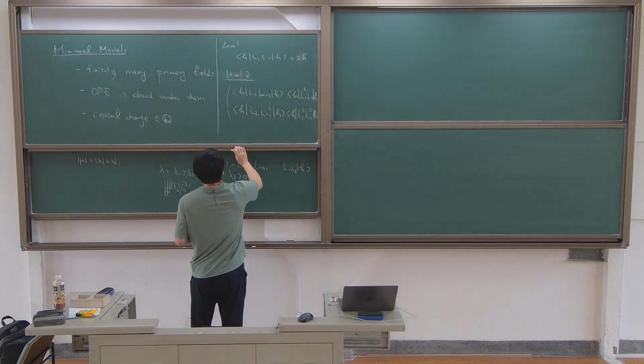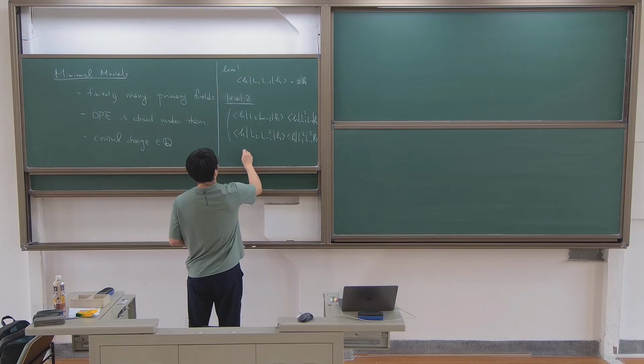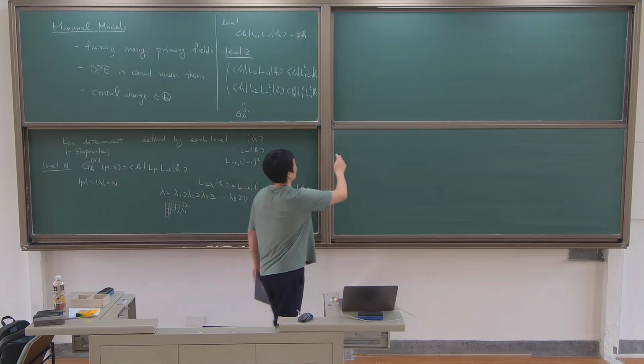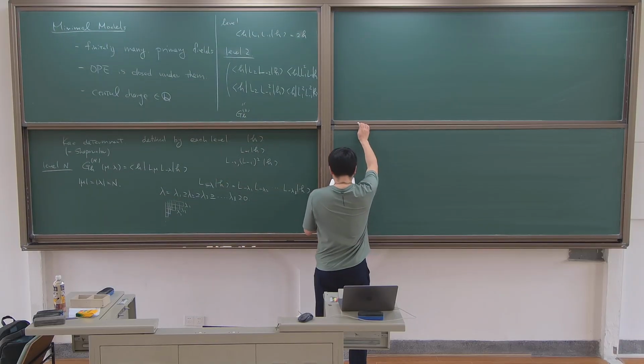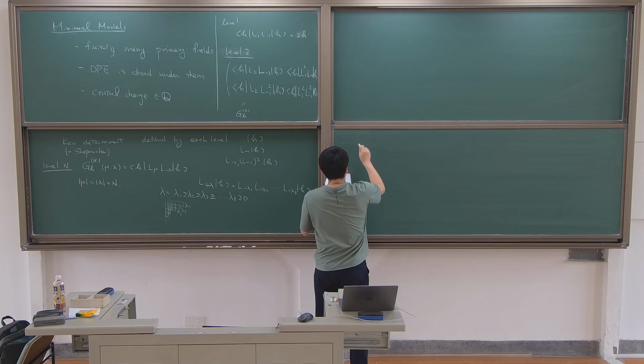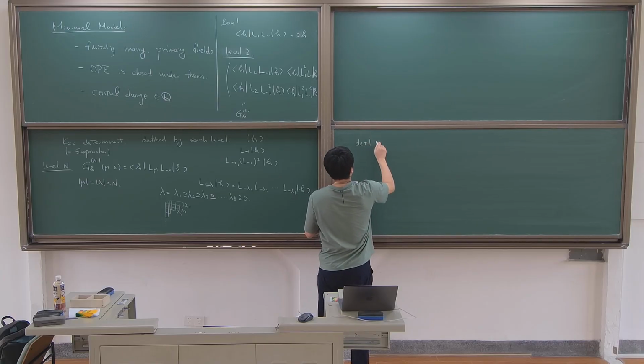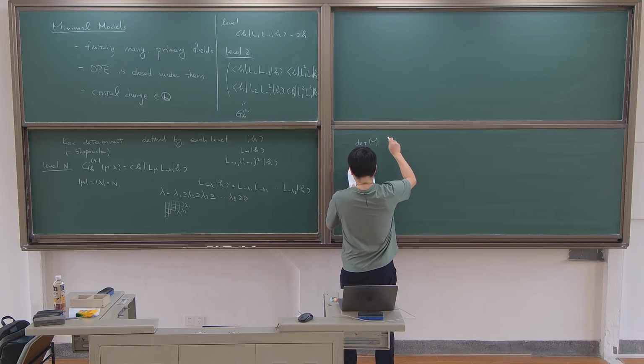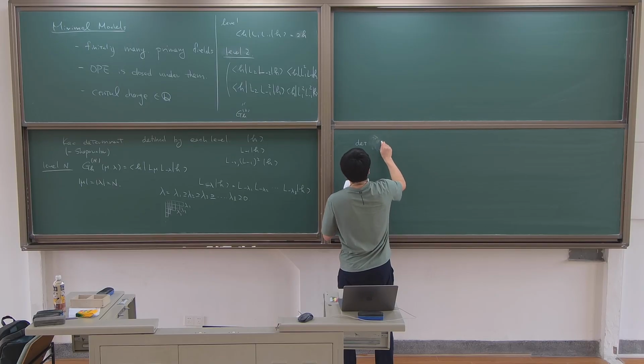And then this is the G_h. And then we can take the determinant of this matrix.